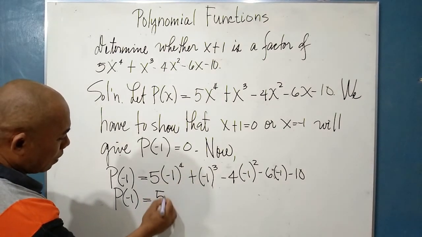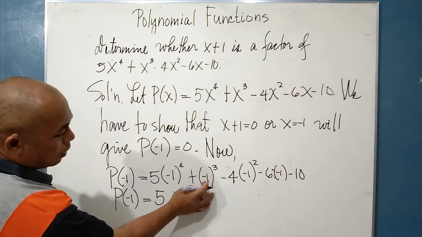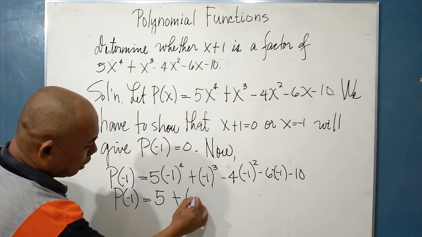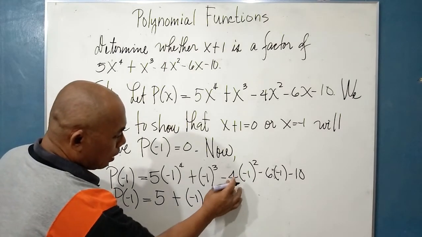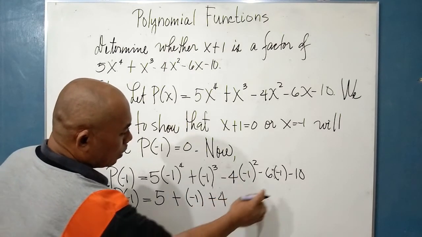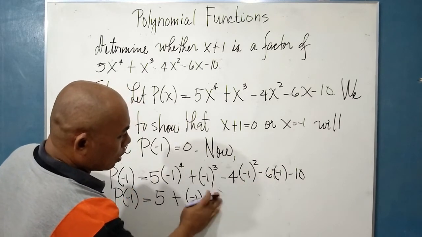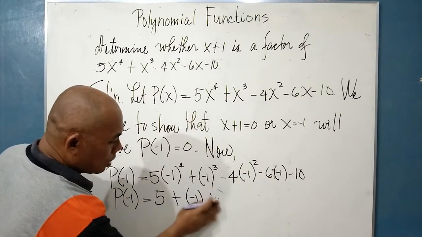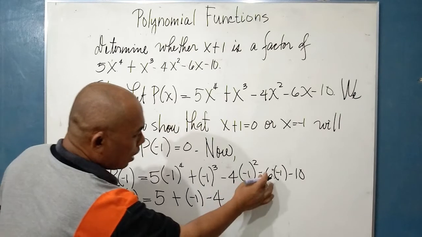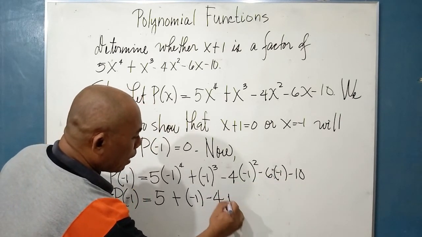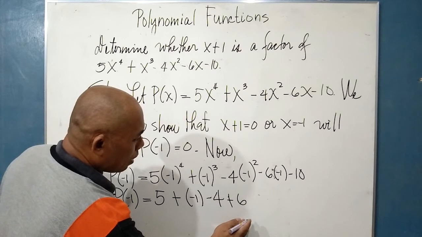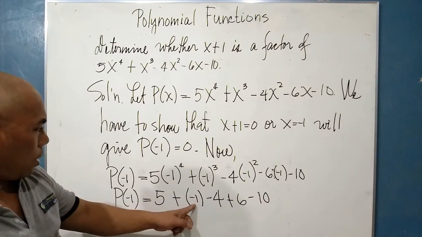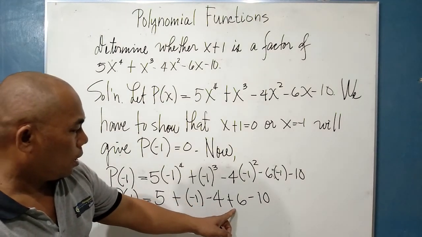So 5. Plus negative 1 gi-raise sa odd positive integer. So negative 1 na siya. Negative 1 squared is 1 times negative, so this is negative 4. Dahil negative negative, plus 6. Okay? Minus 10.